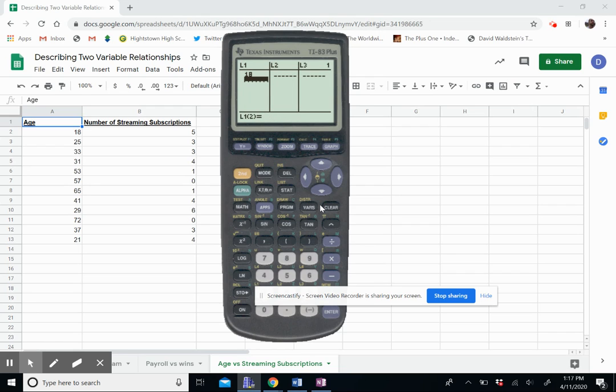This should be a lot quicker to put in, since there's less of it. This first column is the age of the people, and the second column is how many streaming subscriptions they have.